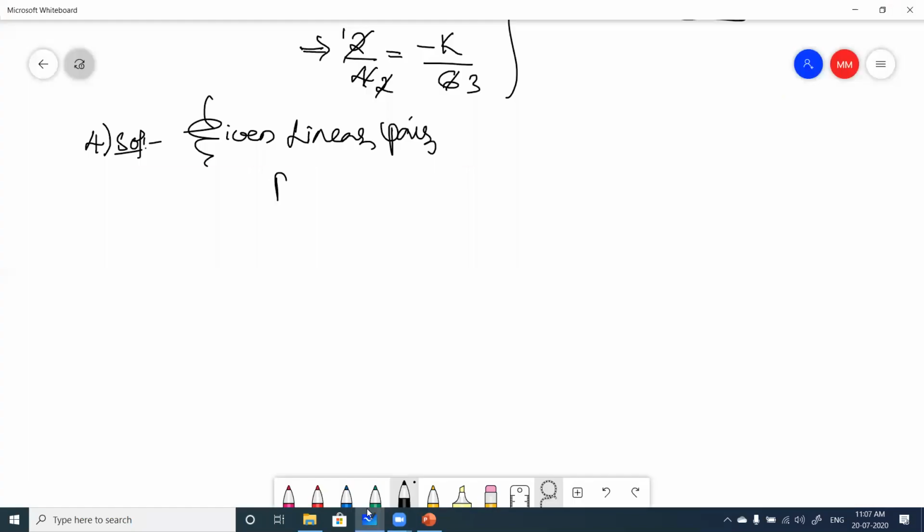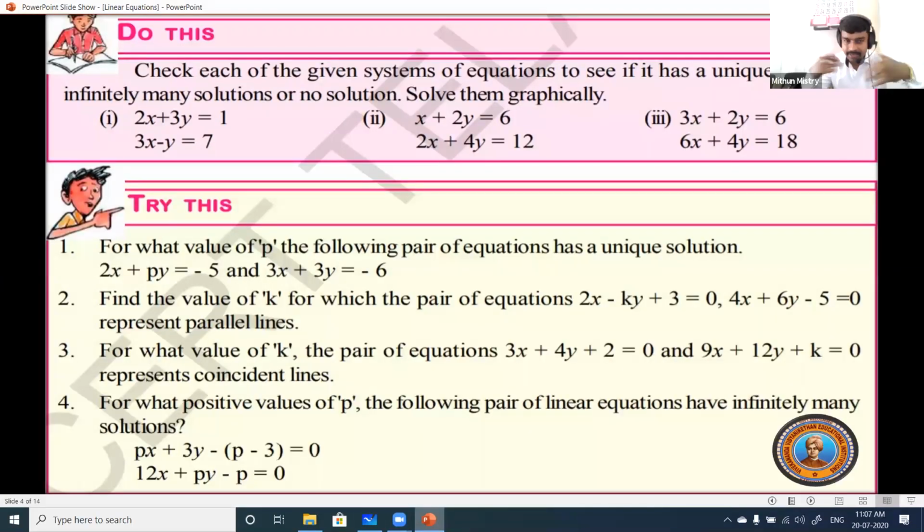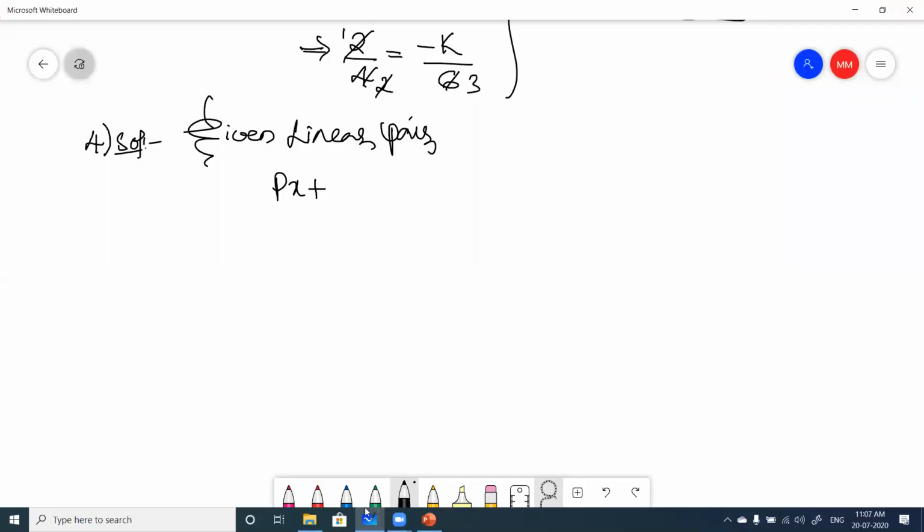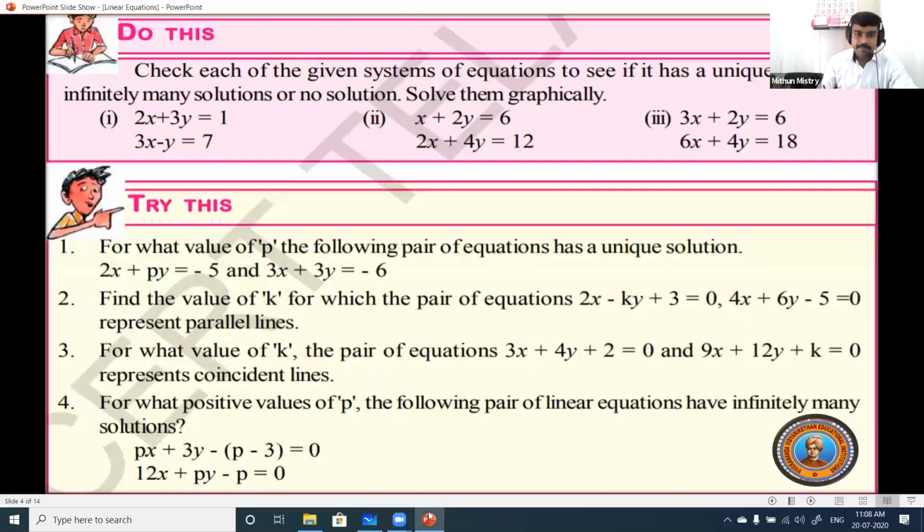Please read. Thank you. I will write the question. Px plus 3y minus p minus 2 is equal to 0. 12x plus py minus p.